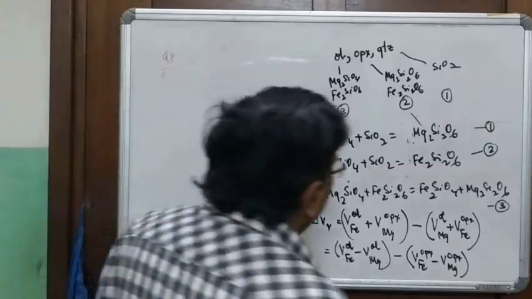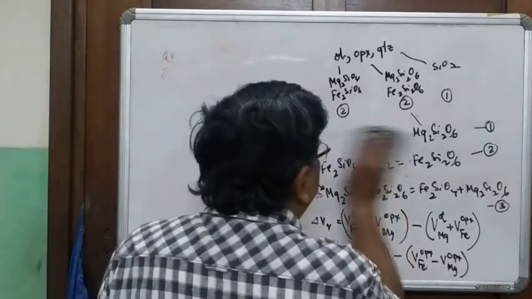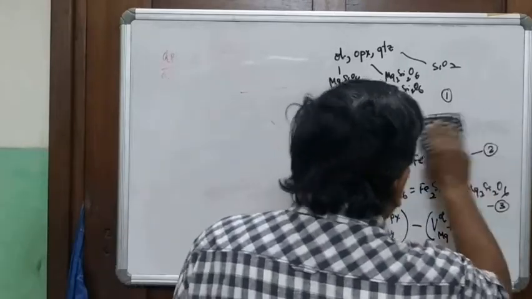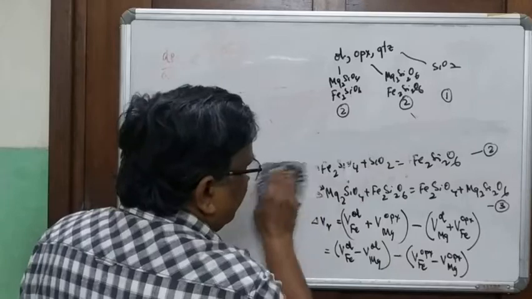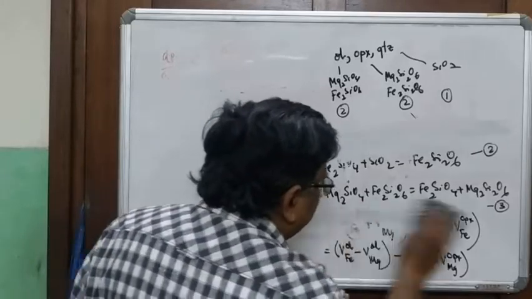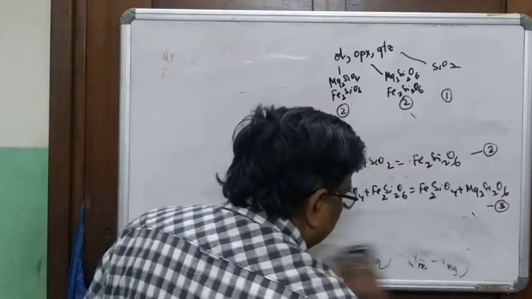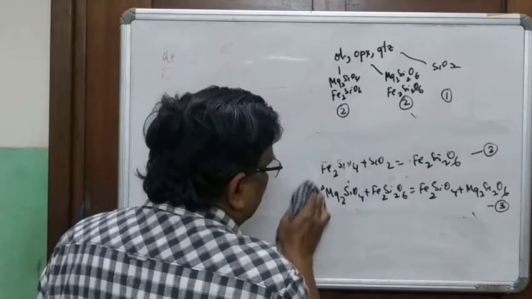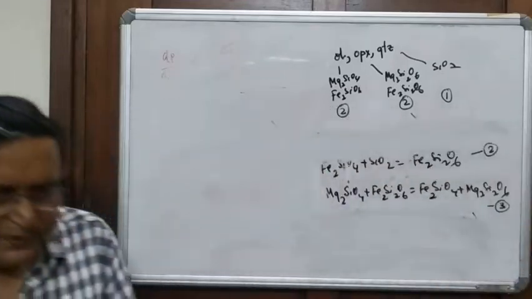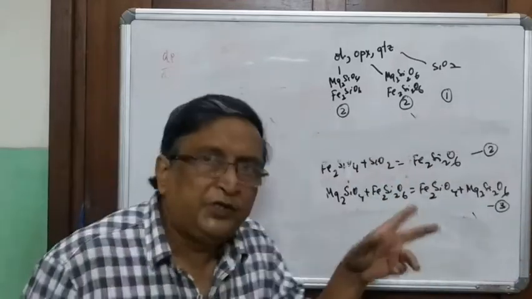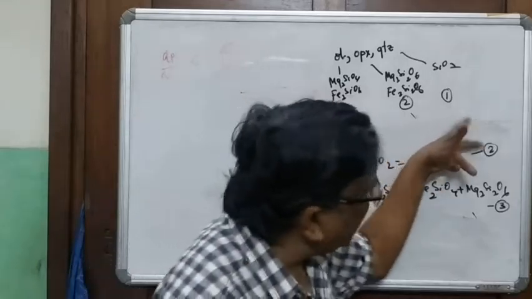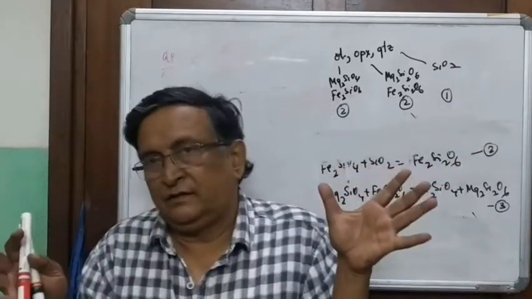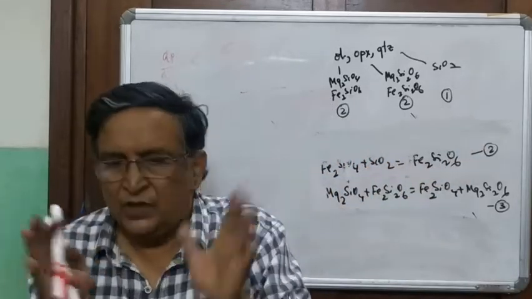Okay, so let's say I take these two reactions. You see here, Gibbs phase rule says any two would do. So 1 and 2 should technically have done. But I told you what happens.